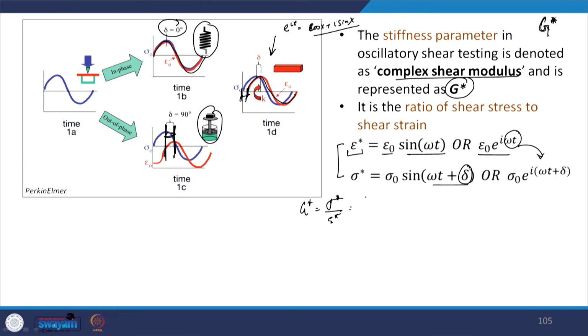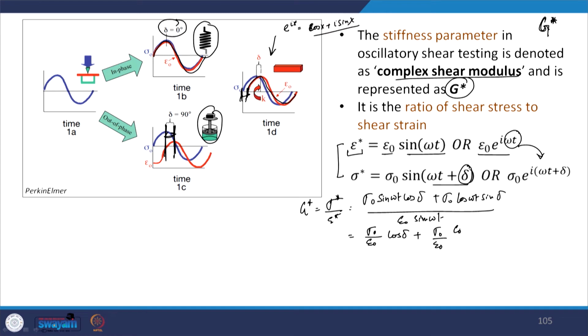So, this becomes equal to sigma naught, if I open this expression, sin omega t cos delta plus sigma naught cos omega t sin delta, divided by epsilon naught sin omega t. If I separate it out, I get sigma naught by epsilon naught cos delta plus sigma naught by epsilon naught cos omega t by sin omega t into sin delta.